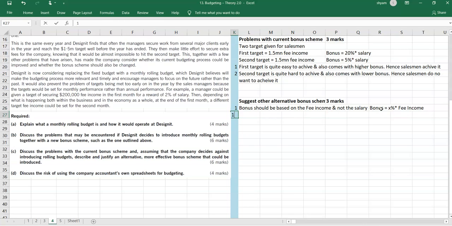So what about the second point? The second point can be the total bonus per salesman is equal to how much? See, totally they will get a percentage of salary.